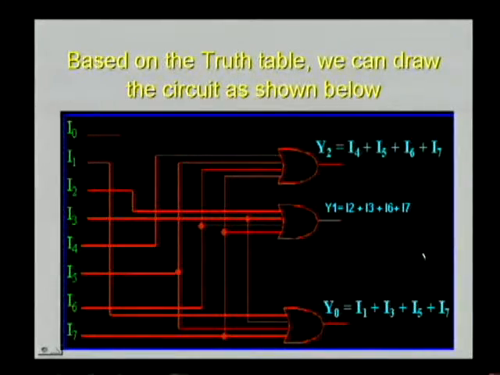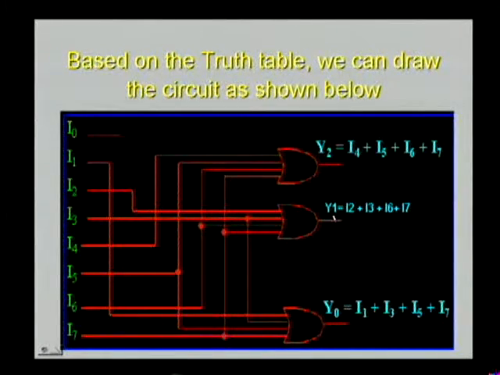Now we see the circuit diagram for this. Based on the truth table, we can draw the circuit as shown in this diagram. Here Y0 is generated by observing I1, I3, I5 and I7. The Y0 bit will be high if one of these inputs is high. Y1 will be generated by using I2, I3, I6 and I7 inputs, because if at least one of these goes high, Y1 will become high.